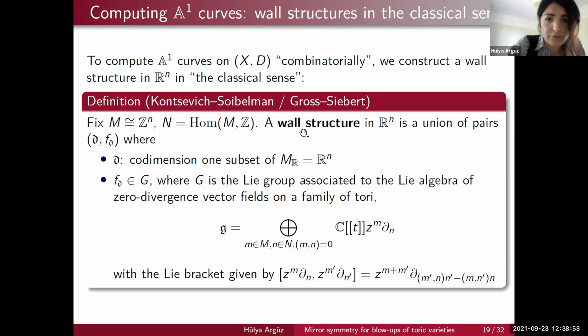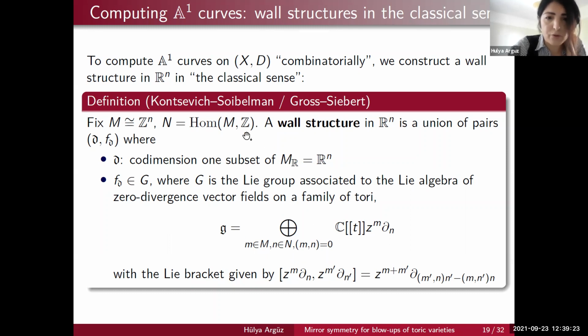So I define a classical wall structure in R^n as a union of pairs consisting of codimension one subsets of R^n, together with wall-crossing functions, which are elements of a Lie group. And this Lie group is the group associated to the Lie algebra of what they call zero divergence vector fields on a family of tori. I wrote this definition, but I will explain concretely in a minute what my wall-crossing functions are.